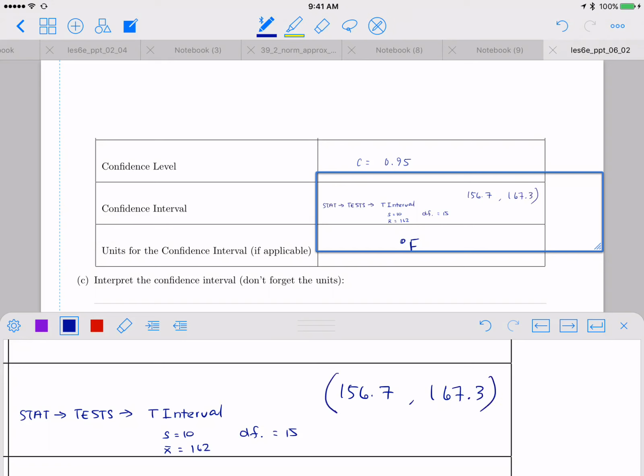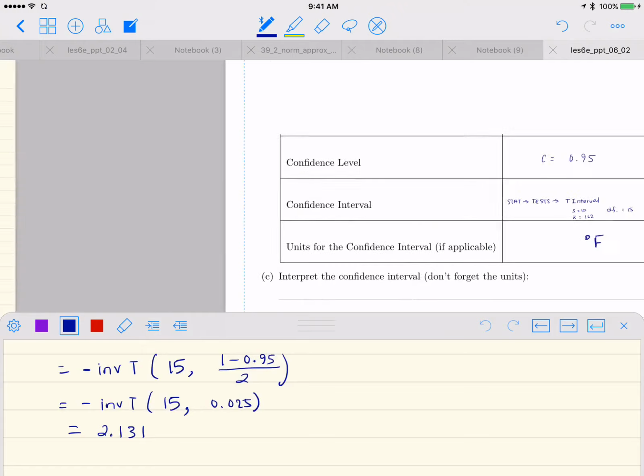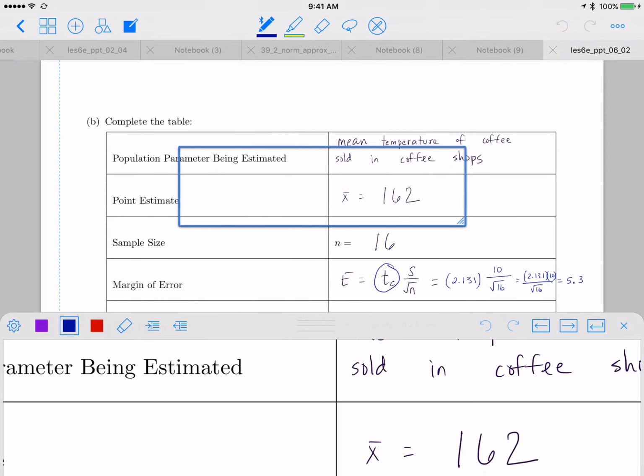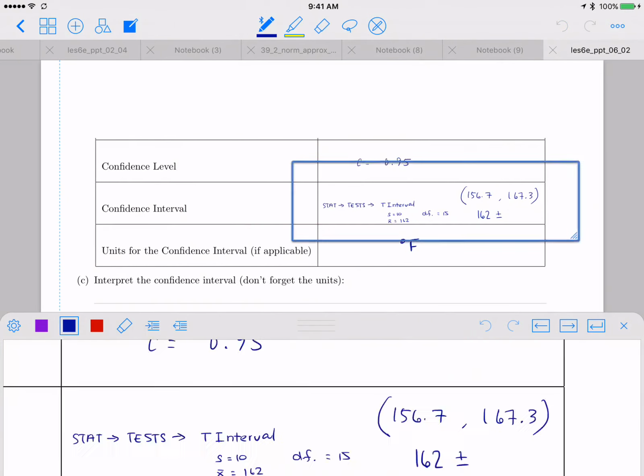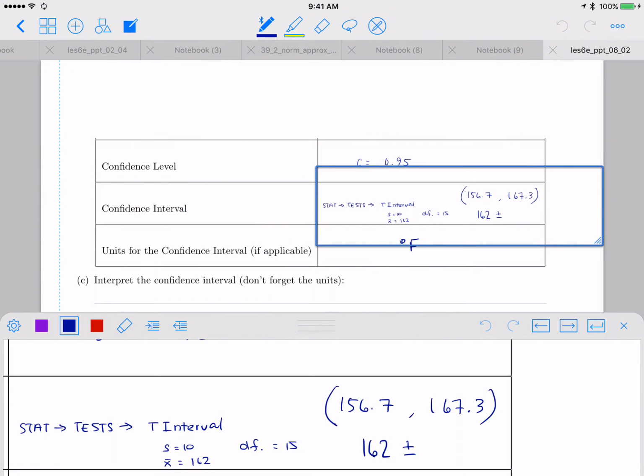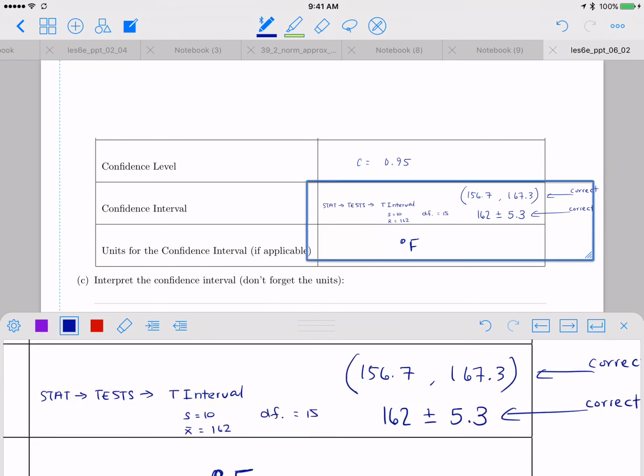Okay. So you also can write this as 162 plus or minus, what was our 5.3? Okay, you can also write it like this. Both of these are correct. Okay, interpret the confidence interval.